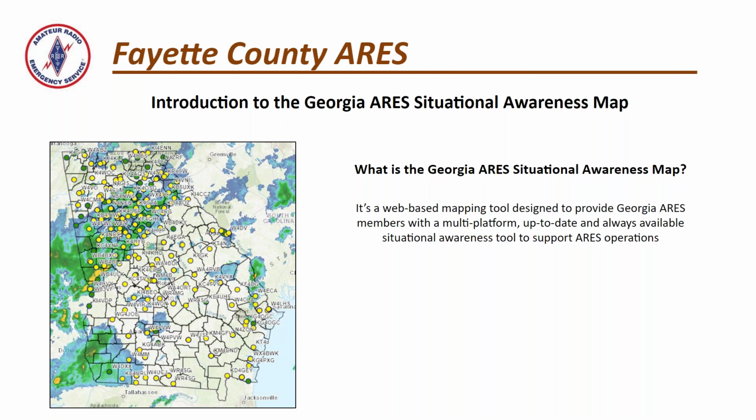So what is the situational awareness map? It's a web-based mapping tool that's designed to provide really any amateur radio operator with a multi-platform, up-to-date, and always available situational awareness tool. When I say multi-platform, I mean this will run on a desktop, on a laptop, on a tablet, on a phone.